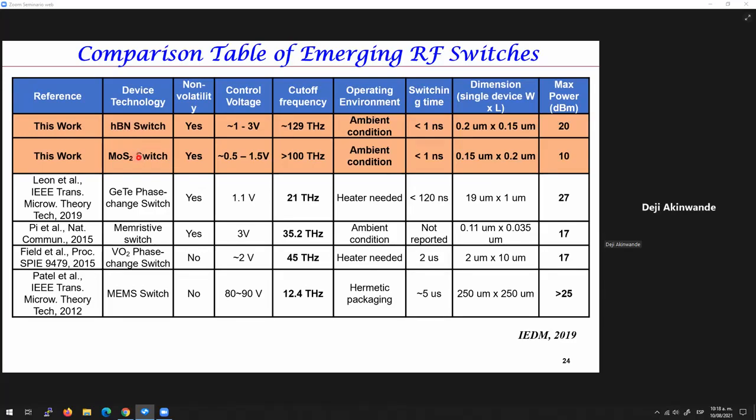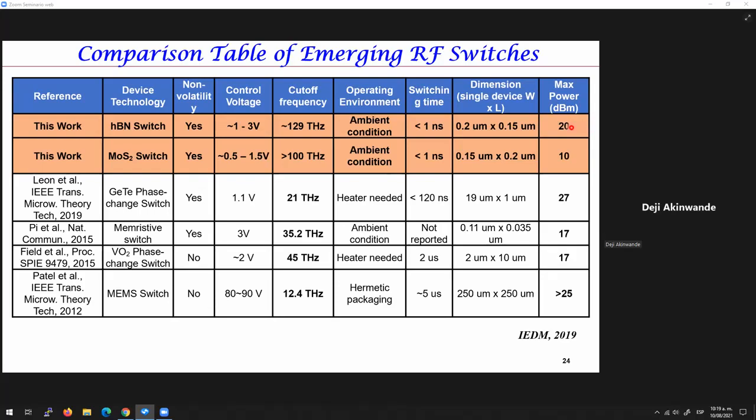Whether the HBN or MoS2 switch, we can achieve figures of merit above 100 terahertz. We're talking about control voltages in the single digits, roughly 1 volt or so. All of this can be integrated on a variety of substrates and under ambient conditions. Switching times are less than nanoseconds, and you can make these devices in nanoscale form factors.